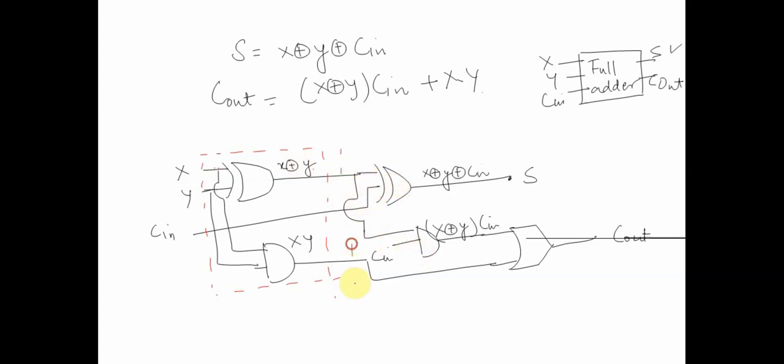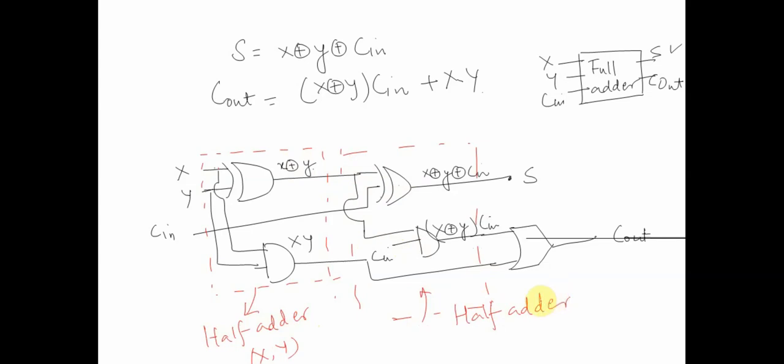So these two are nothing but our half adder with x and y as inputs. This is again a half adder, with what inputs? The inputs to this half adder are x XOR y and c in.